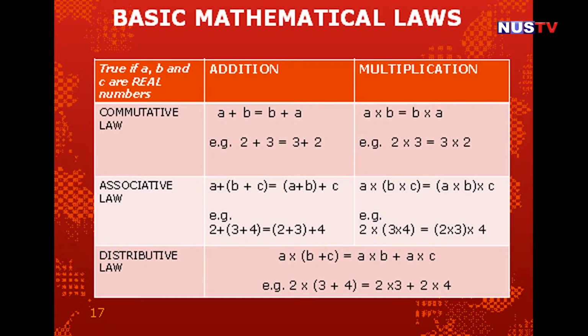Remember the order of operation, you do the bracket first. 3 plus 4 is 7, and then you add the 2, it's going to be 9. And on the other side, 2 plus 3 is 5, 5 plus 4 is 9. Okay, so that's the associative law for addition.